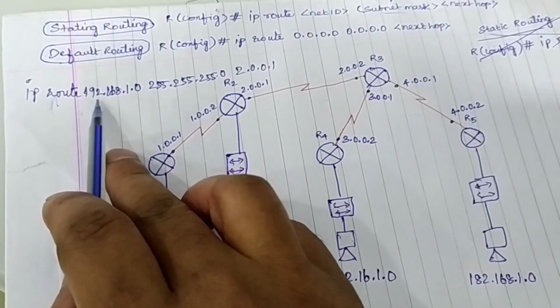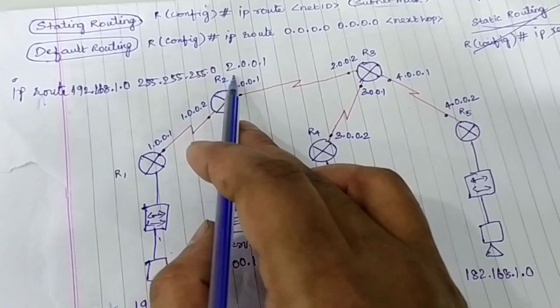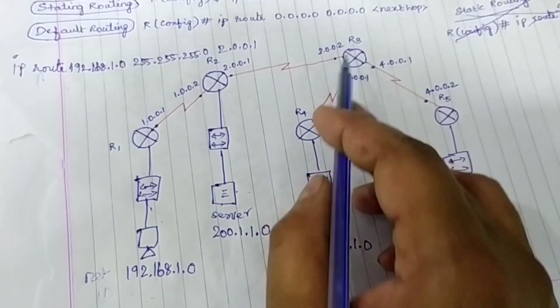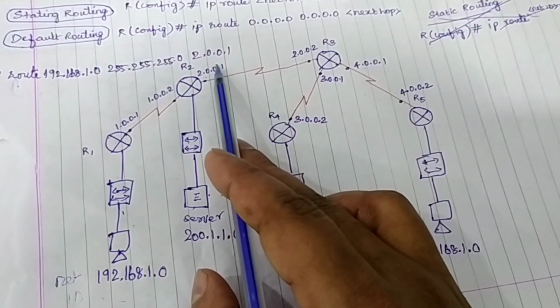So ip space route space 192.168.1.0 255.255.255.0. From R3 to reach this network, the next hop is this one. That you have to write.